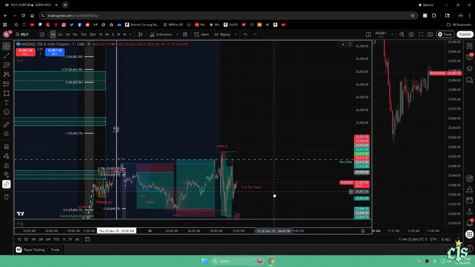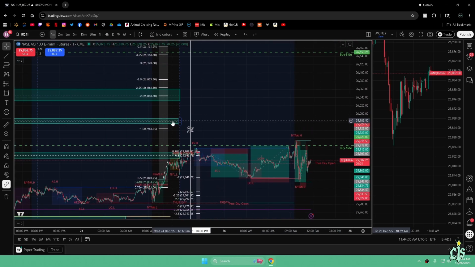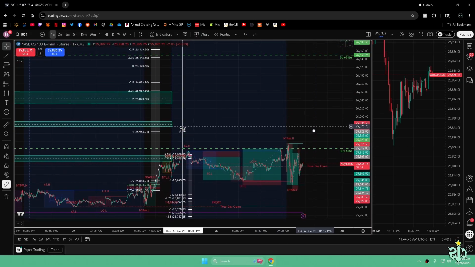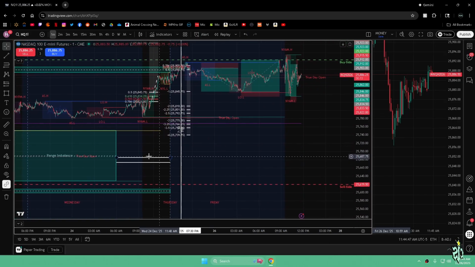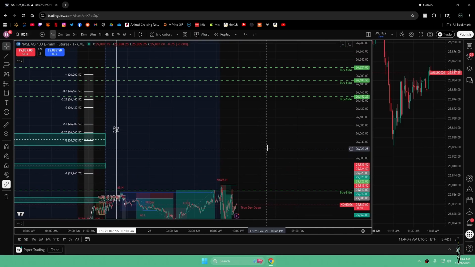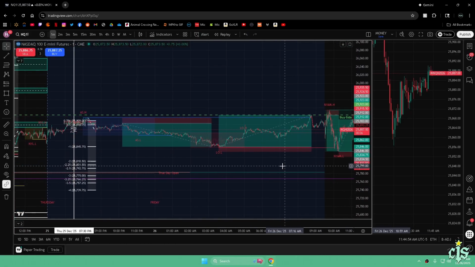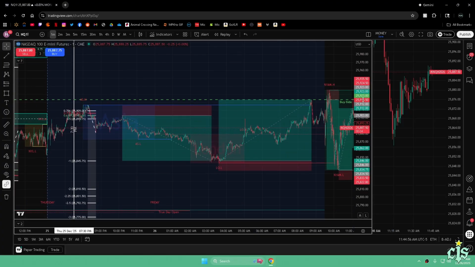If not, next week we'll get some manipulations upside, taking these 1 hour gaps as manipulation for the day, and then drop for a 4 hour real move, or it'll manipulate down, take this range, and then continue back up. Those are the options that will happen next week, most likely.